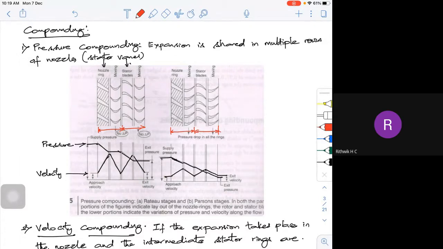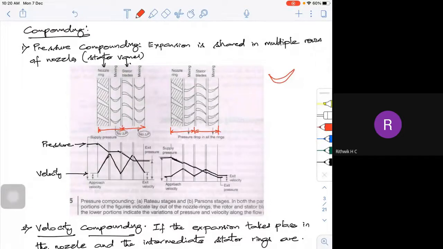I have shown you two different types of arrangement here. The first one is the impulse type, where the conversion of kinetic energy is more. Whenever you have more kinetic energy conversion, you go with a cup type of blade.